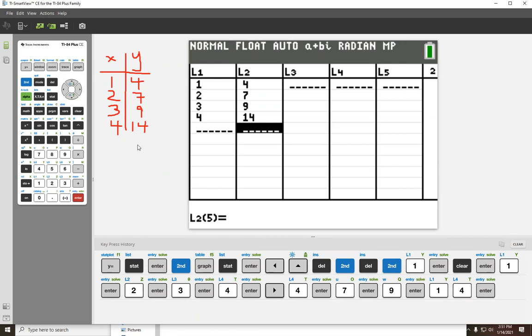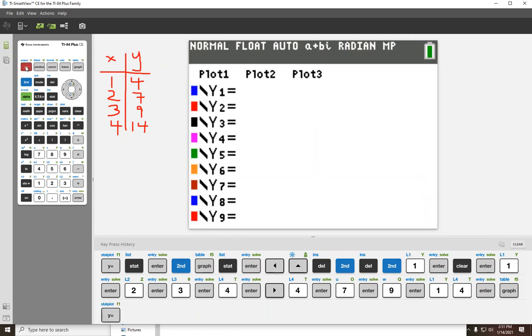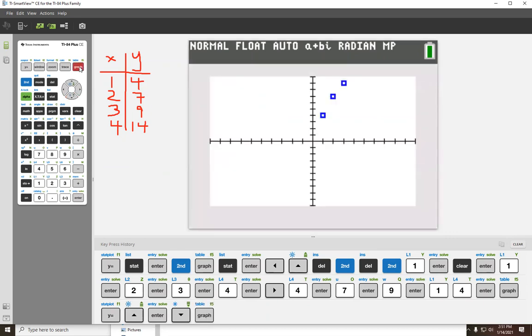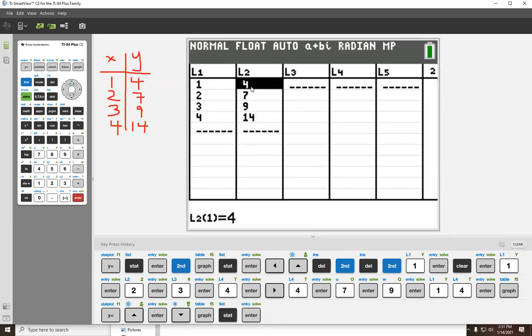Okay, now let's see what they look like. If we go to graph, we don't see anything. Why is that? Because we need to go to y equals and arrow up to plot 1 to turn on the plot. Notice plot 1 now looks different than the other two. Now if I hit graph, I'm going to see some points. But back on stat enter, there were 4 points.